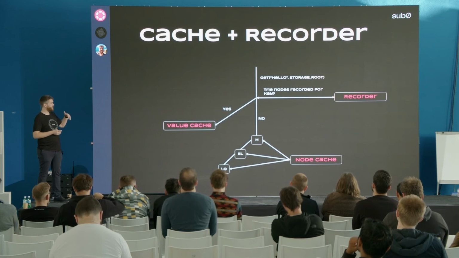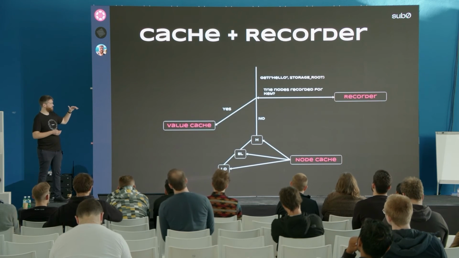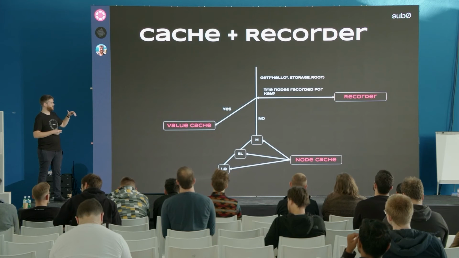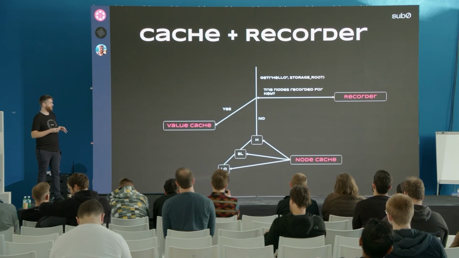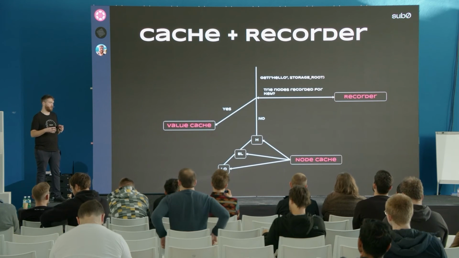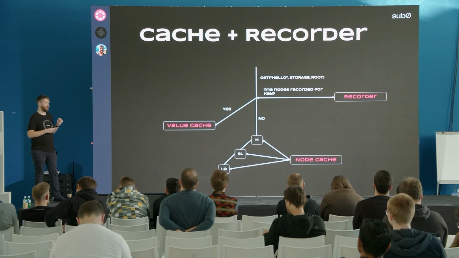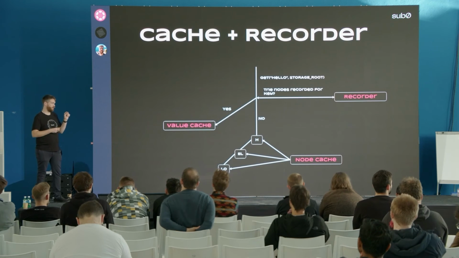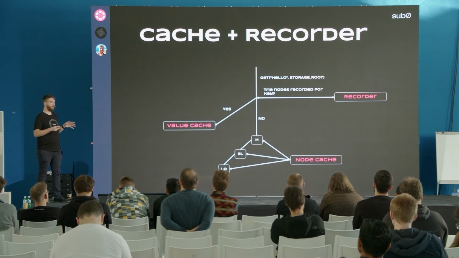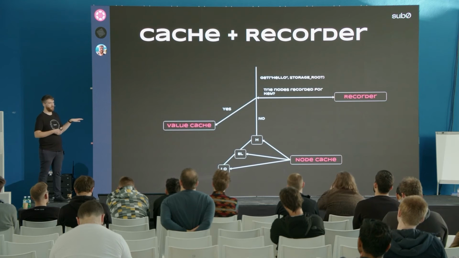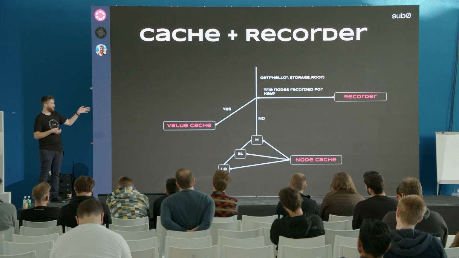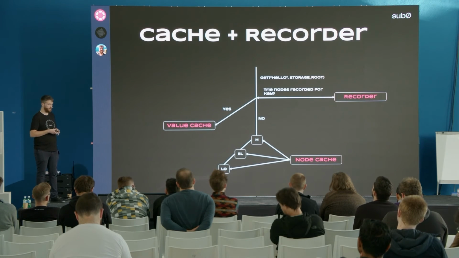Here I have the overview: we get our get call, and then the trick we're doing is, when we have a recorder set, or we want to record, we ask the recorder, do you already have recorded all the trie nodes that are required to access the following key? And if the recorder tells us yes, then we can just ask the value cache to return the value, which should already know it, since the recorder has already seen the trie nodes, and should return it.